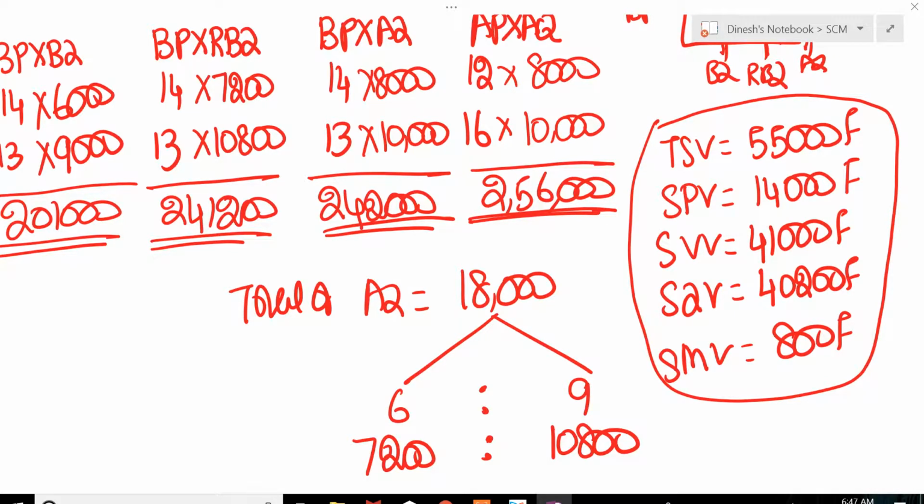Next point, following changes will be required under margin approach.